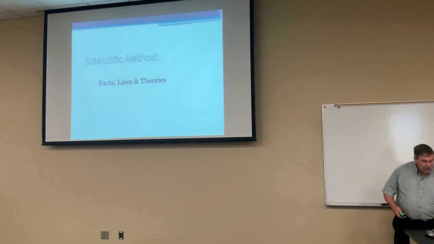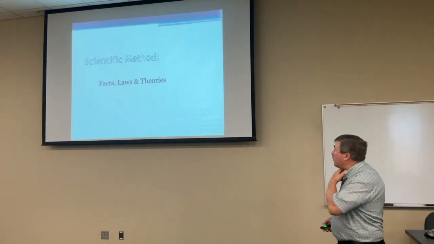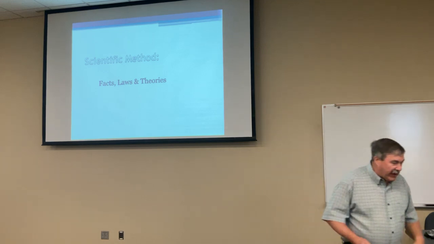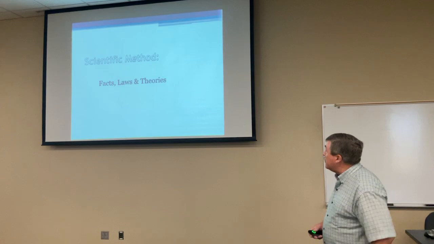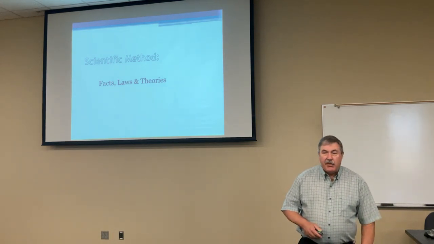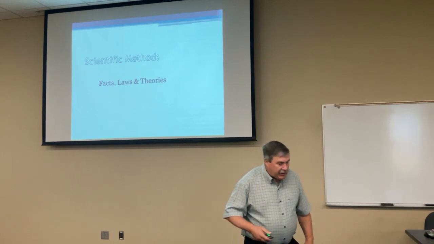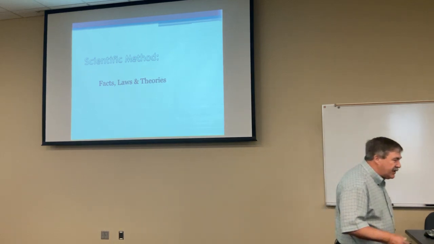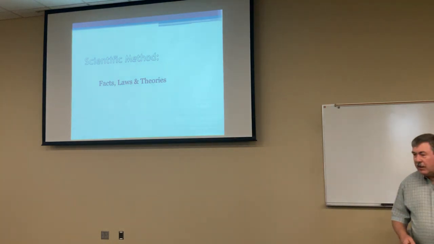Okay. So, the next part of this chapter, we're not going to have time to go through this whole section of chapter 1, but I can at least give you a little introduction to it. The next section is about the scientific method. And I think this is important because you need to keep in your mind that anatomy and physiology isn't just about learning facts.